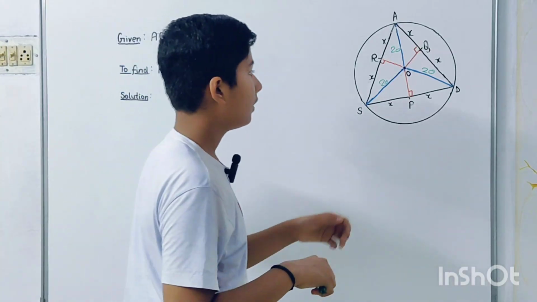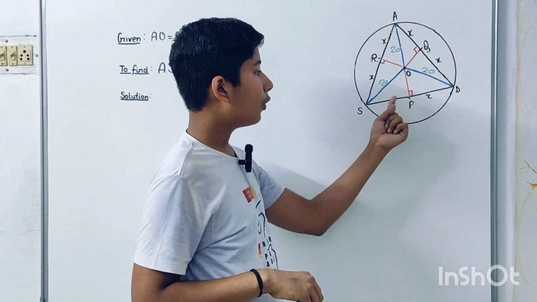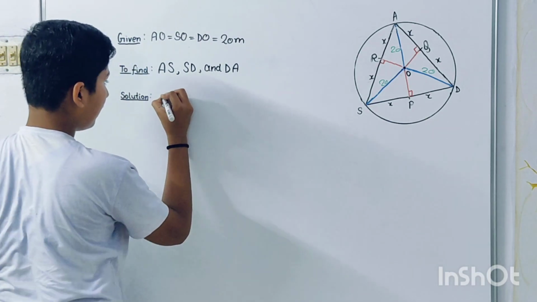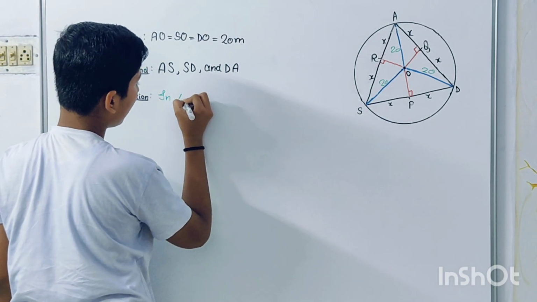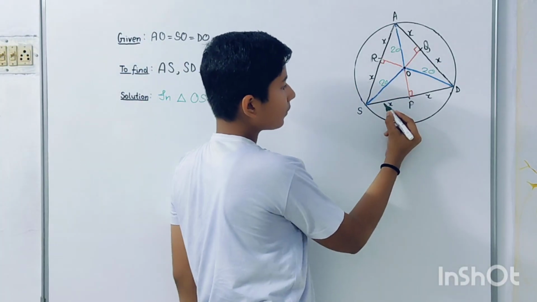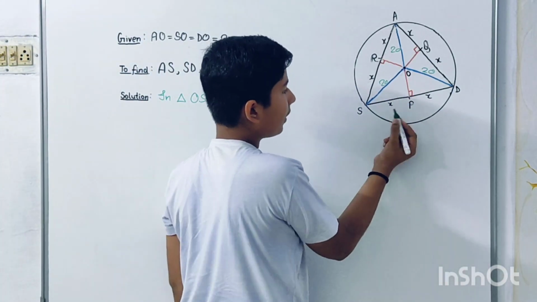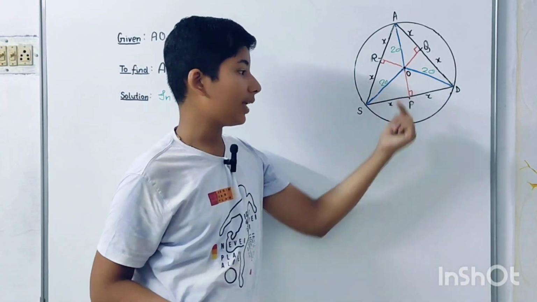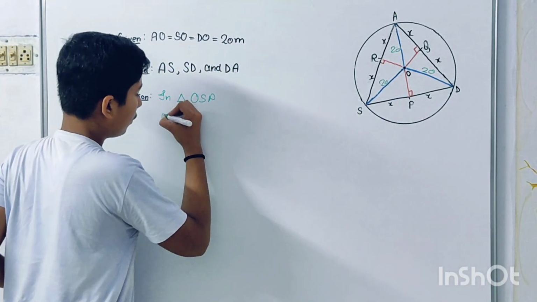In triangle SOP, in triangle OSP, OS square minus SP square equals OP square.